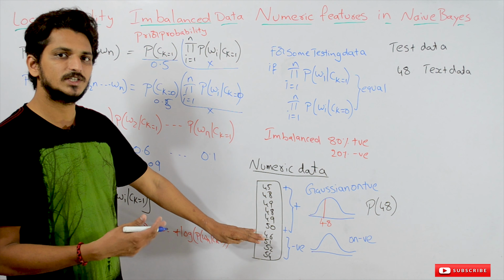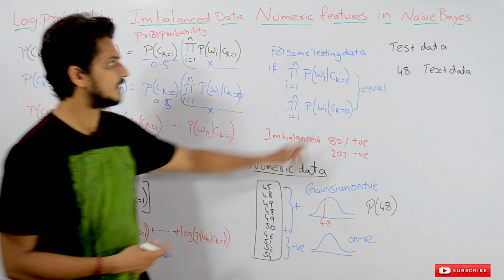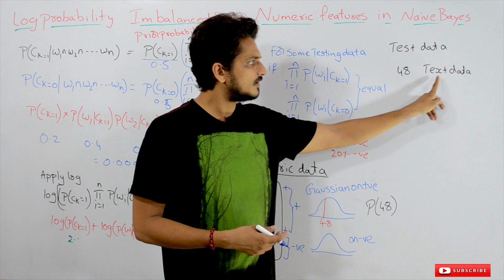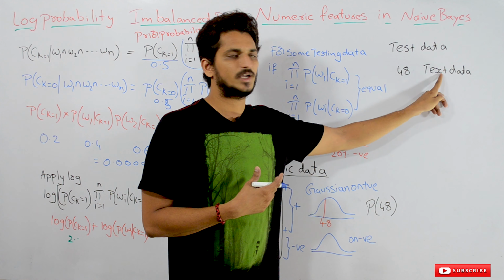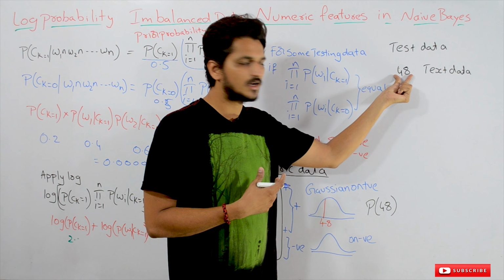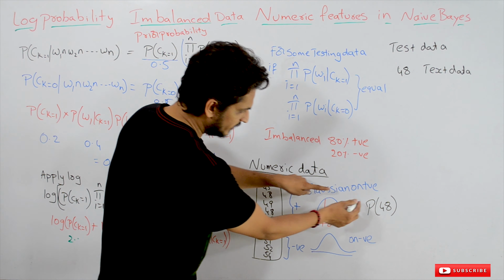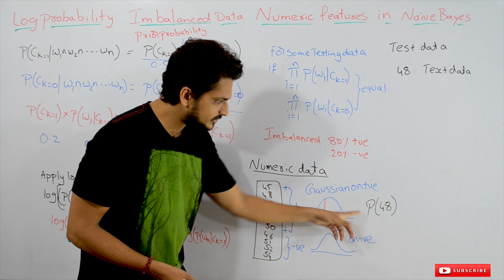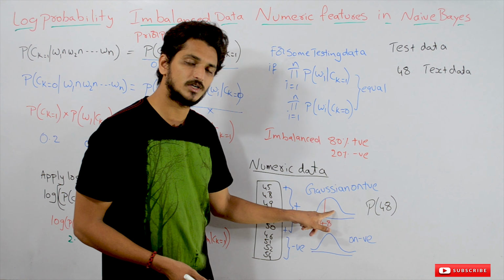Let's check how test data is handled and how probability is calculated. Let's take a test data point: 48 is the numerical value, plus text data. We know how to calculate probabilities for the text data. How is this 48 converted into a probability value? For positive points, we have this Gaussian distribution. With this Gaussian distribution, we can identify the probability of 48 in the positive Gaussian distribution.